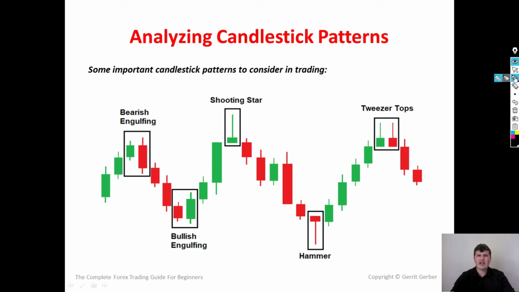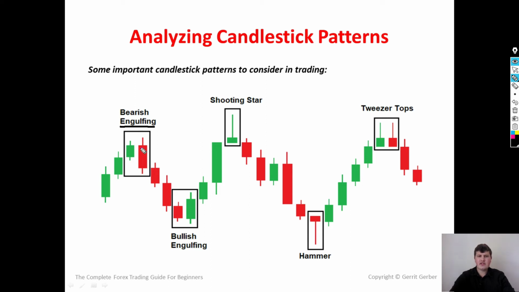Now, the first candlestick pattern to be aware of is the bearish engulfing pattern over here at the left. And this is formed when a bearish candlestick, this red candlestick, fully engulfs the previous candlestick. And this previous candlestick can be either a green or a red candlestick. It can be either a bearish or a bullish candlestick.